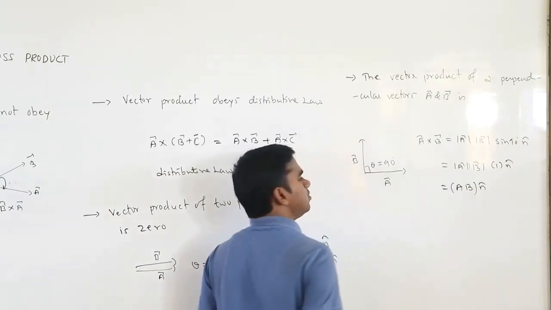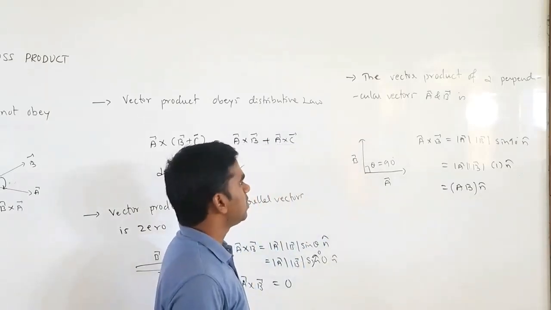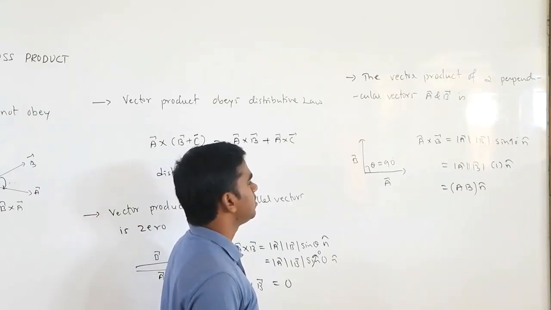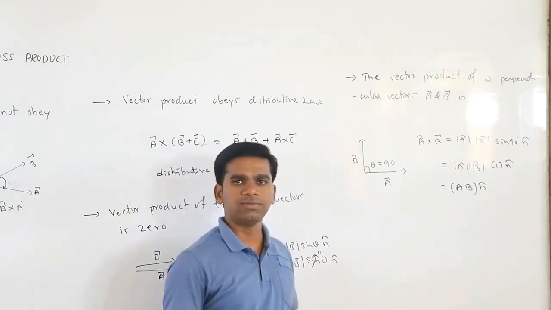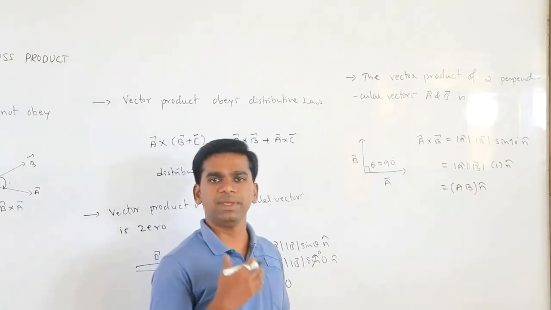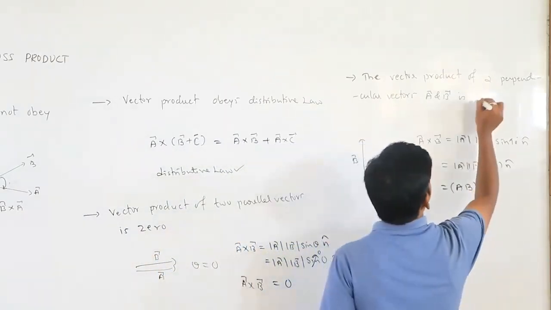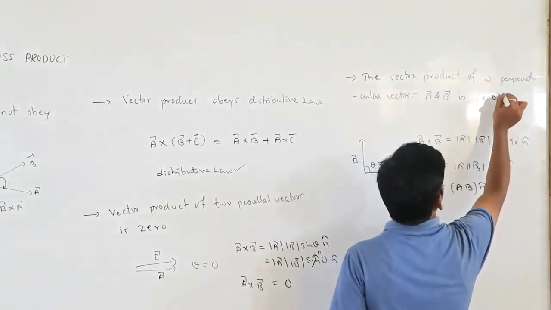The vector product of two perpendicular vectors A and B is the product of magnitude of A and magnitude of B with the direction, so simply AB n cap.